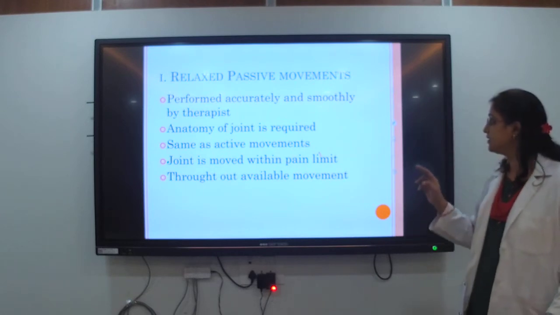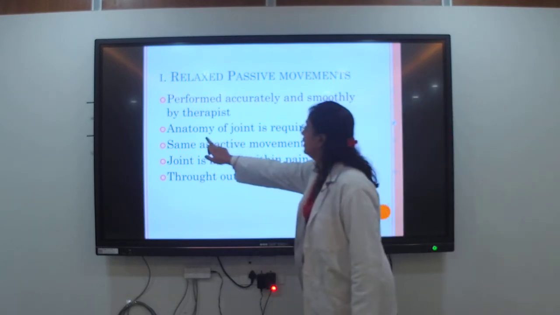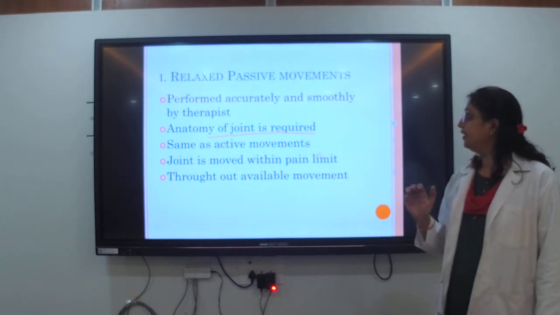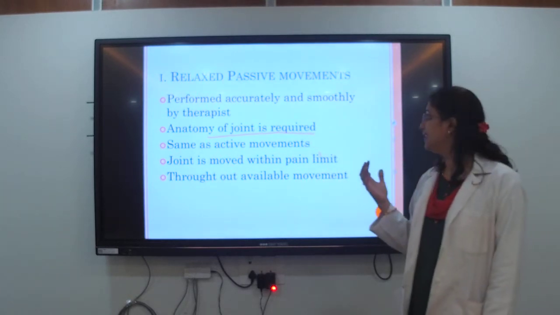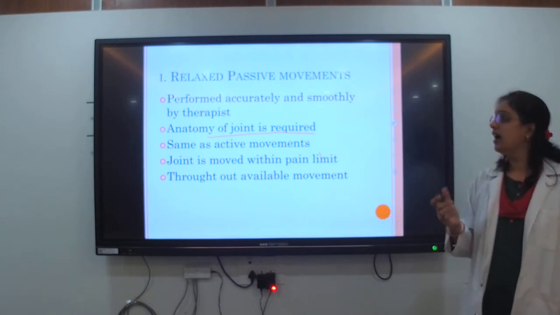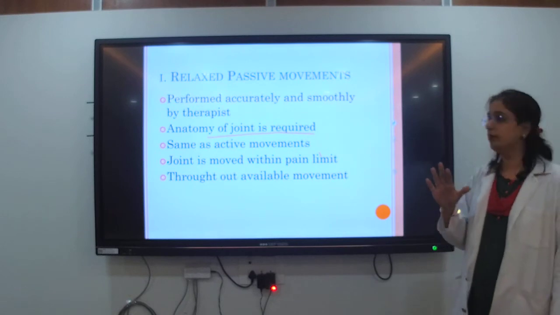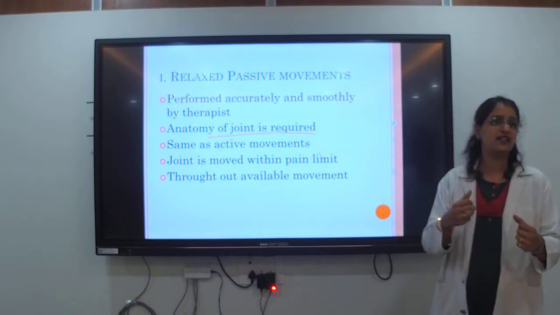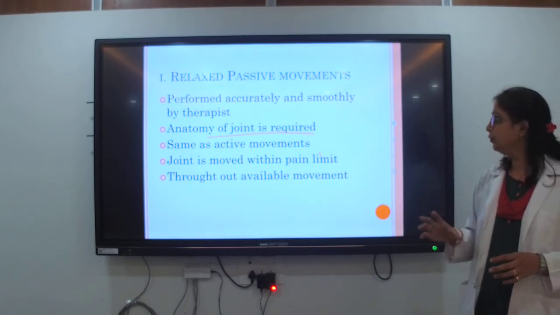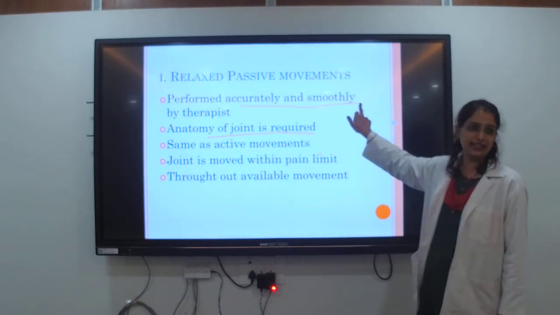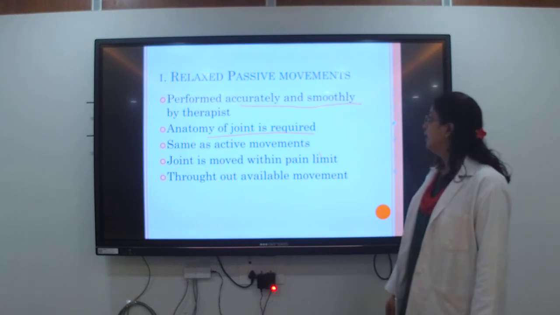First you should know the anatomy of the joint. After that you have to perform this relaxed passive movement accurately and smoothly. You should not perform this movement very fast or very slow. It should be performed accurately and smoothly by the therapist.